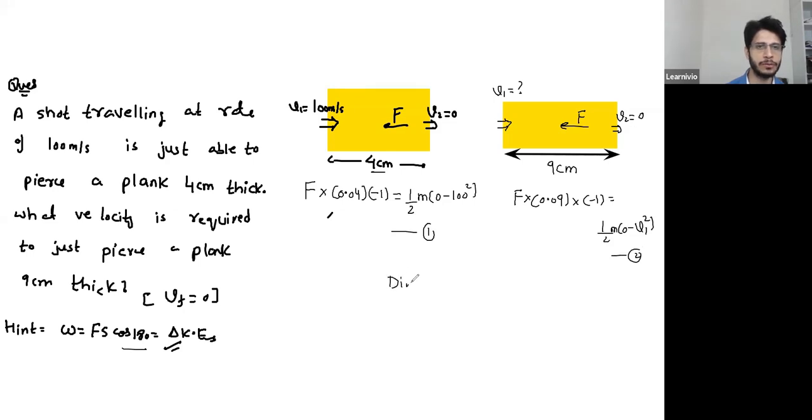Divide equation number 1 and 2 and get the value of v1.